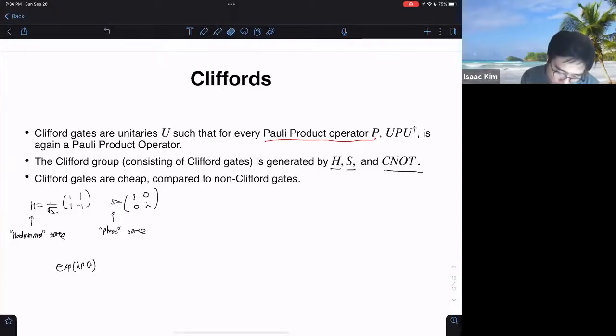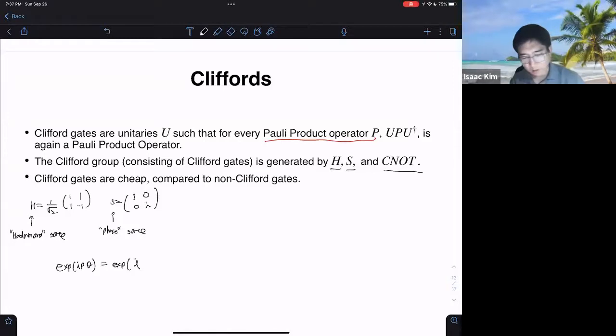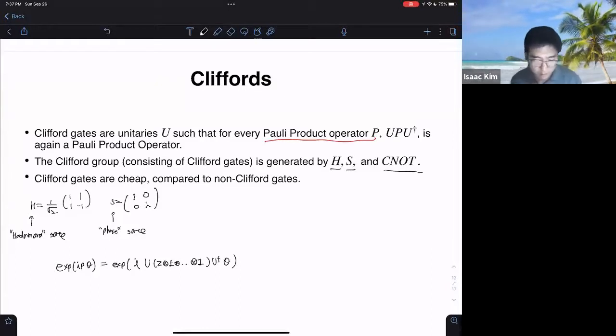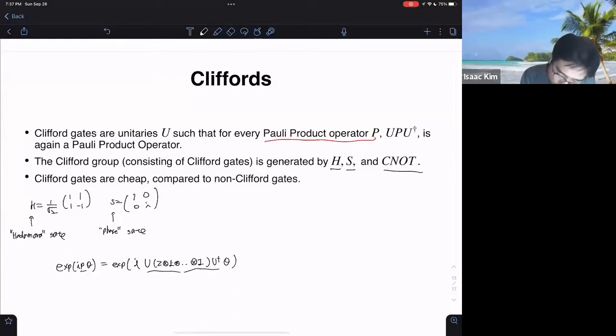And this is possible because the Clifford group preserves the Pauli product operators. There should exist a Clifford unitary, let's say U, such that if you conjugate some single qubit operator, like Z tensor identity, by U, you end up getting P. So these two are the same. So there should be a U, which is a Clifford, such that this is true.